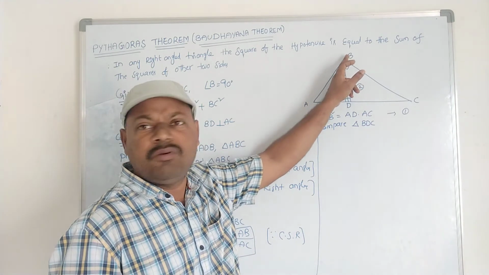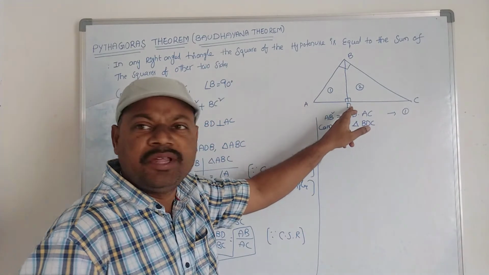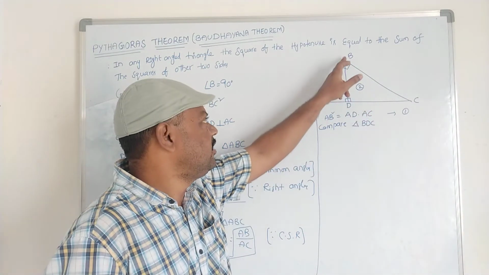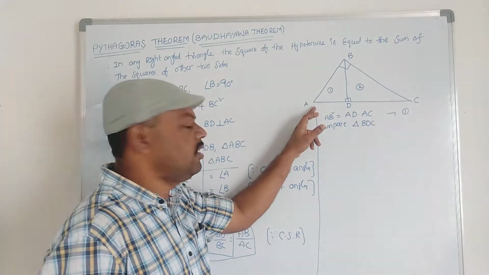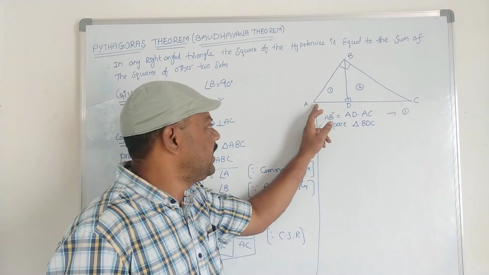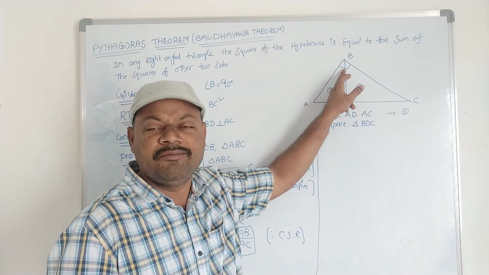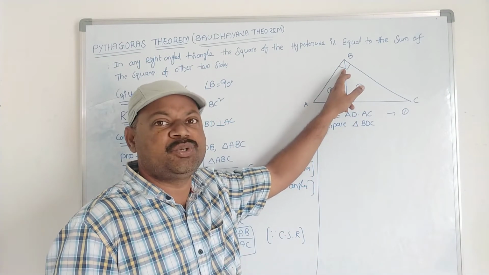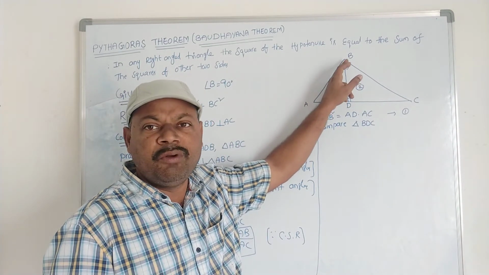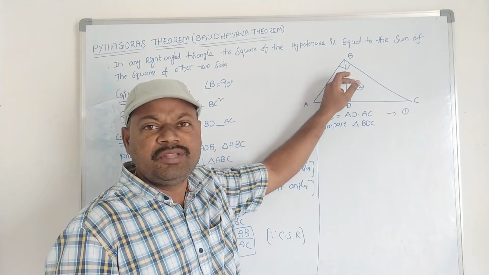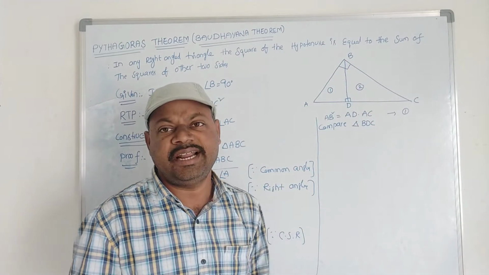Now come to the downside, that means triangle BDC. The order is a must. The second half triangle is triangle BDC.